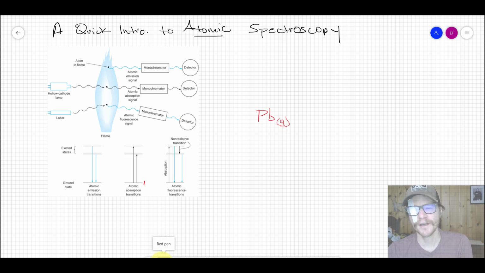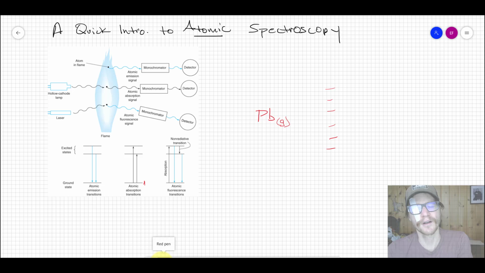What that means is instead of having electrons arranged in a delocalized set of orbitals that we call molecular orbitals, of course there are no molecular orbitals here, there's just the atomic orbitals. So 1s2, 2s2, etc. up through its electron configuration. So we could figure out what the electron configuration is for lead. We write up all the possible atomic orbital states.